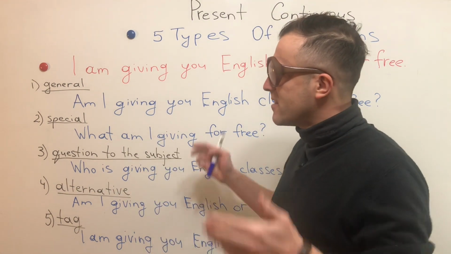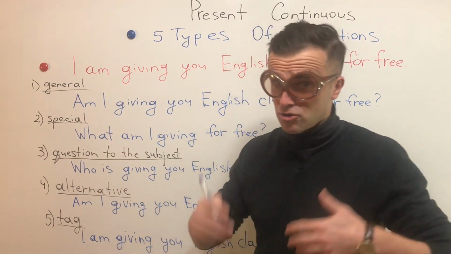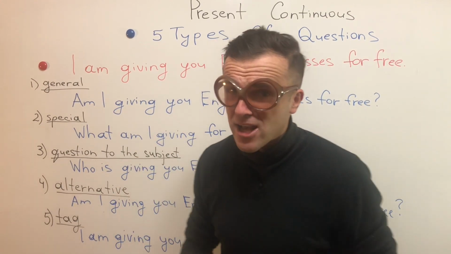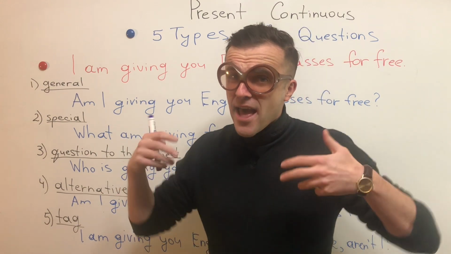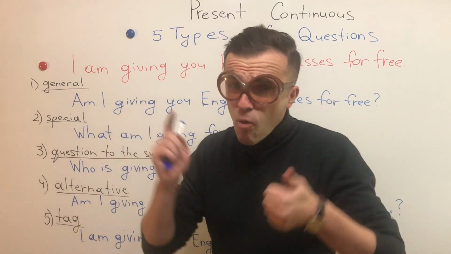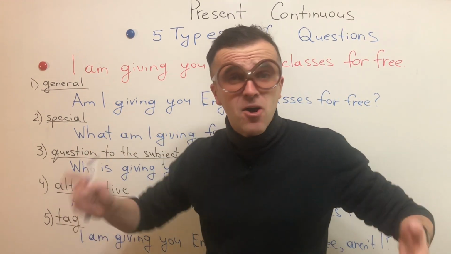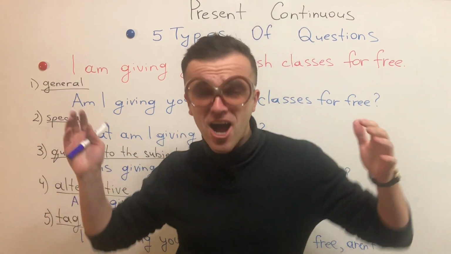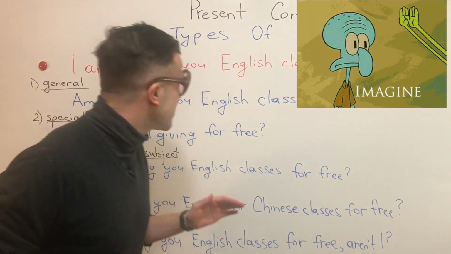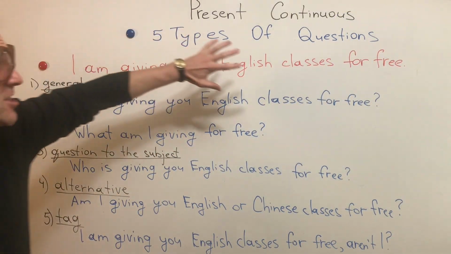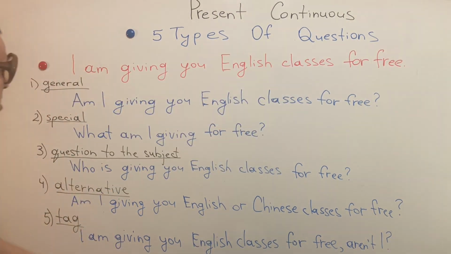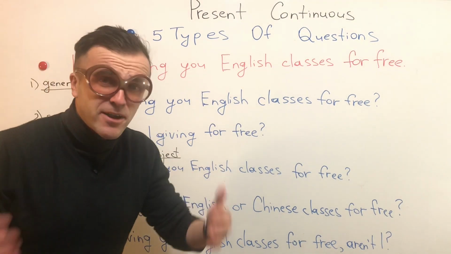Okay, the next question is special. So do you remember how to form the special questions? The special questions are formed with the help of the auxiliary words what, where, when, why, whose, how much, how many. And let's imagine, guys, that there are no English classes here, okay? We don't have the information about the English classes. So our task is to make up a question.